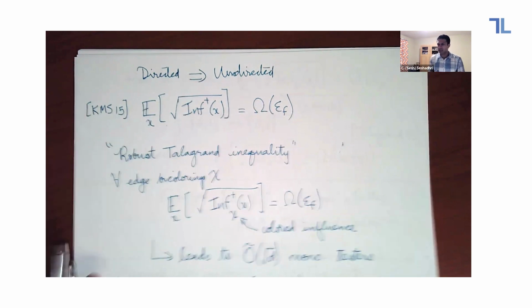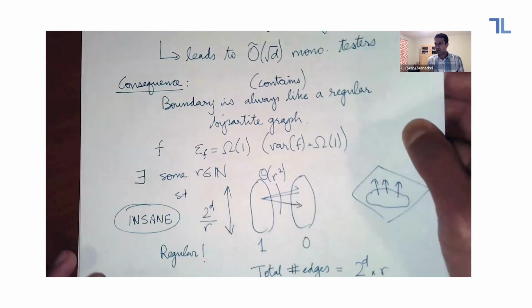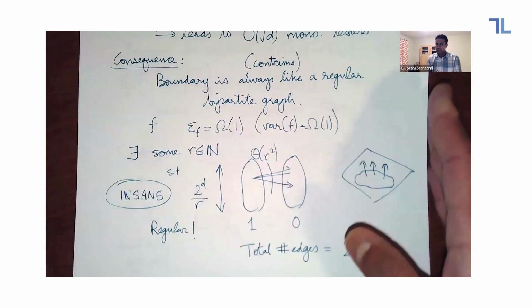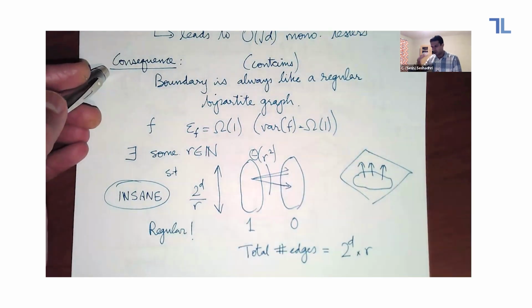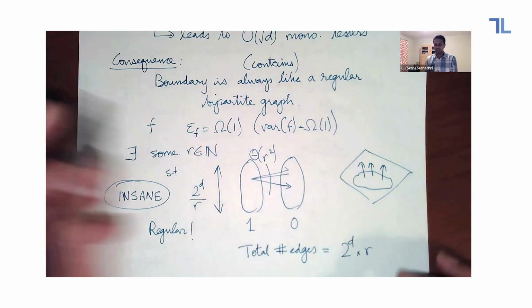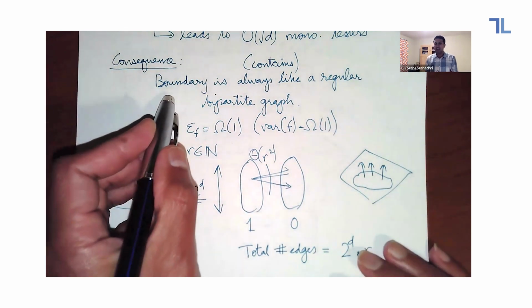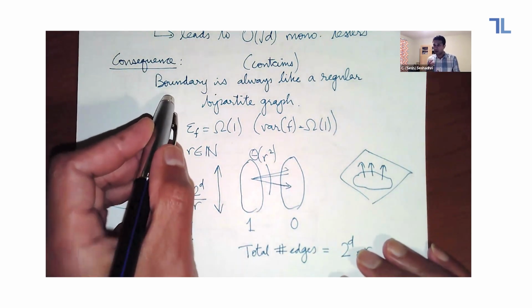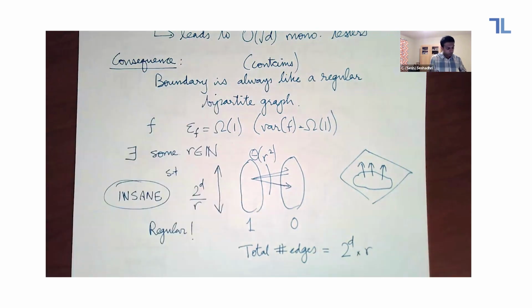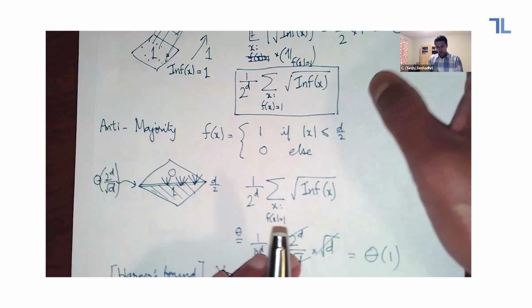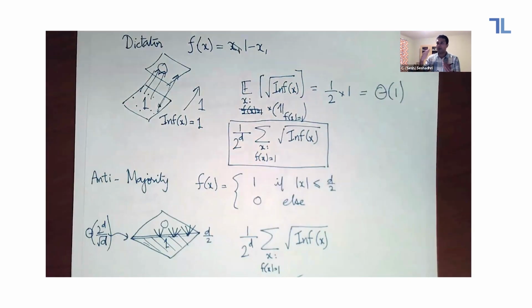There's a notion of robustness that maybe we can talk about later if we have time. The main consequence that I want to point out of the robust version of Talagrand's inequality is that the boundary always contains a regular bipartite graph. So remarkably, if you look at both of these examples, the dictator and the anti-majority, the boundary is a regular bipartite graph. And it's exactly regular.